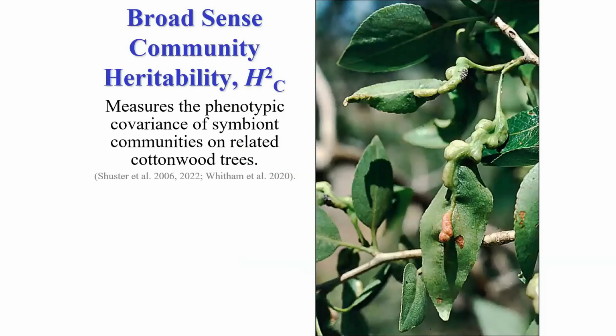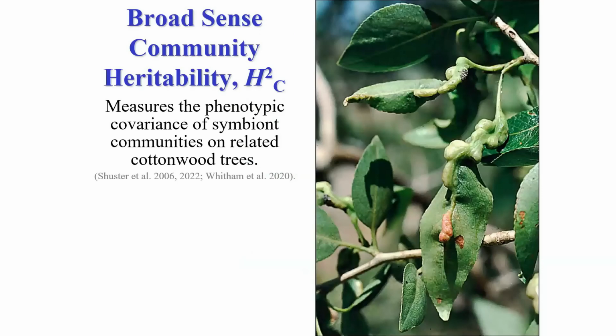In the majority of these studies, phenotypic covariance of symbiont communities has been documented using broad sense community heritability. Broad sense community heritability measures the phenotypic covariance of symbiont communities on related cottonwood trees, or for that matter, any host organism that you're studying.